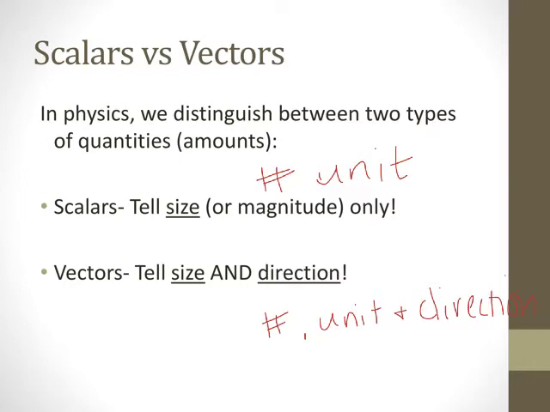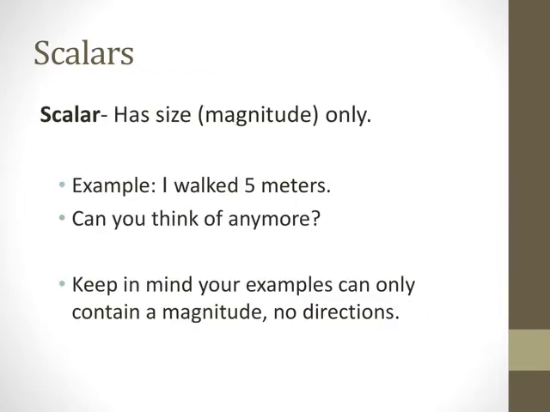So let's get into that. Again, a scalar has size or magnitude only. An example of this is I walked 5 meters, or the table is 5 meters long, or the room is 6 meters high. These are things that don't necessarily need a direction, or the direction is irrelevant.